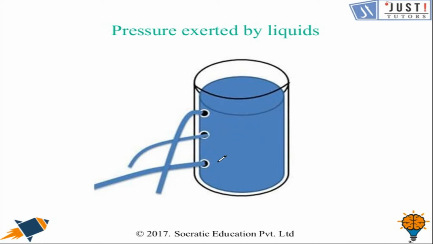It can be noted that water coming from the top hole comes with low pressure and covers less distance, and water coming from the hole at the bottom has maximum pressure and covers a larger distance compared to the first hole. You can see here.